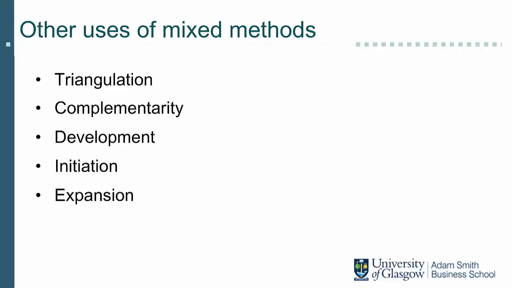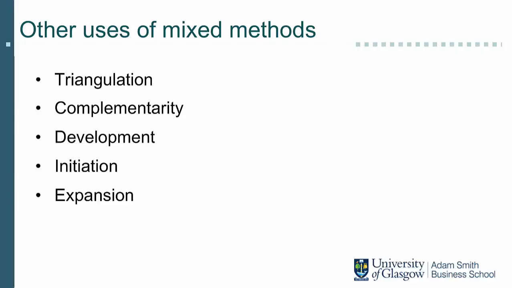Triangulation means combining quantitative and qualitative methods to compensate for weaknesses. If triangulation is used, then different methods remain autonomous, operating side by side. Complementarity means that quantitative and qualitative methods are combined to measure overlapping but also different elements of the phenomenon.